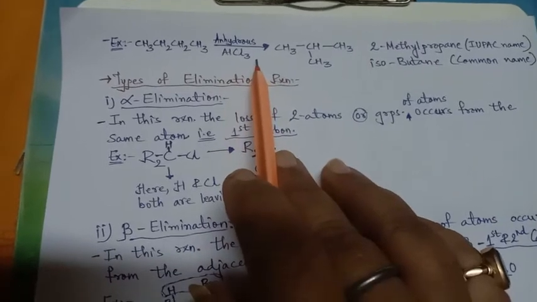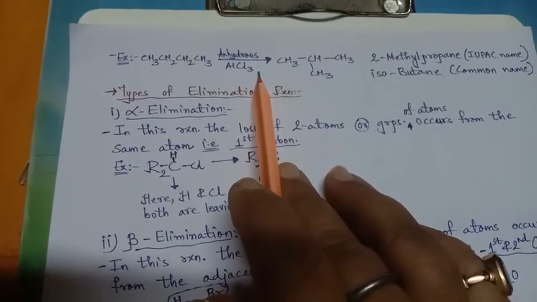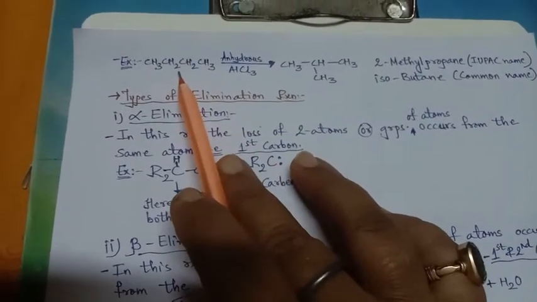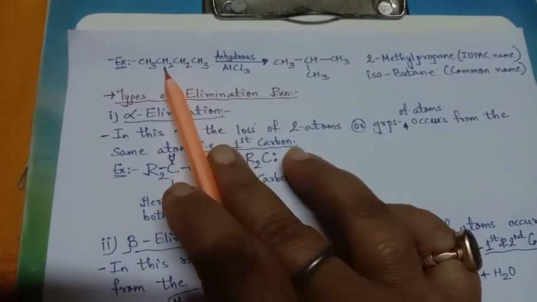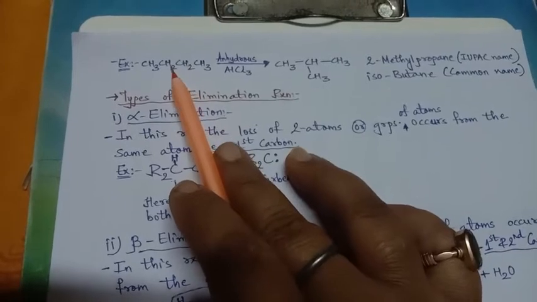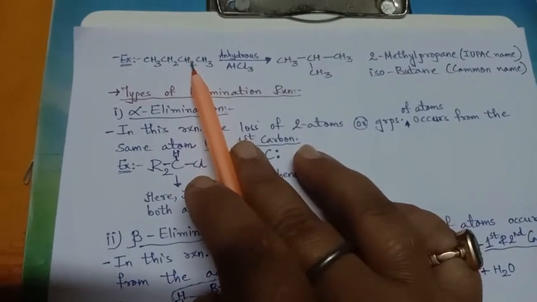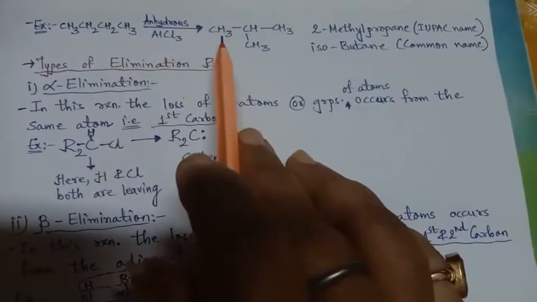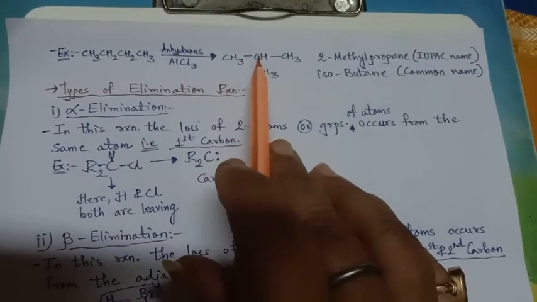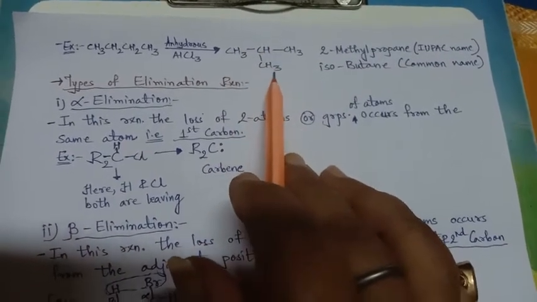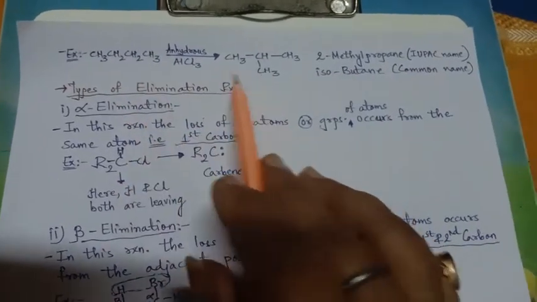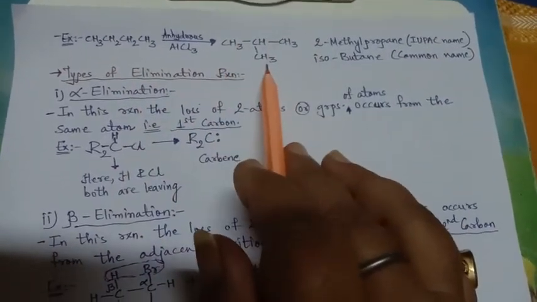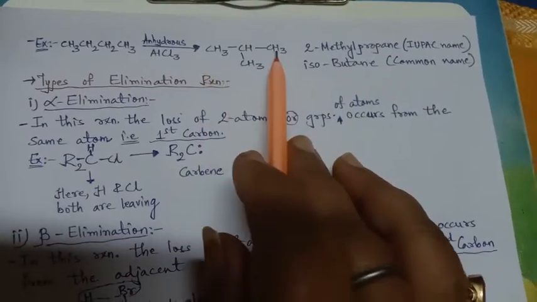And when it is reacted with anhydrous AlCl3, the hydrogen of this CH2 shifts to the CH3, and we get the structure like this: CH3, CH, CH3 and CH3. Migration, that means the conversion in the same molecule takes place. And this is now 1, 2, 3 propane.